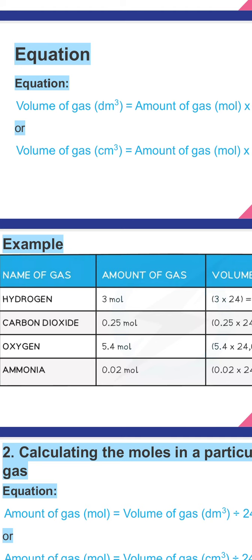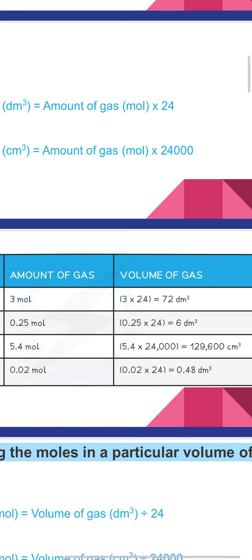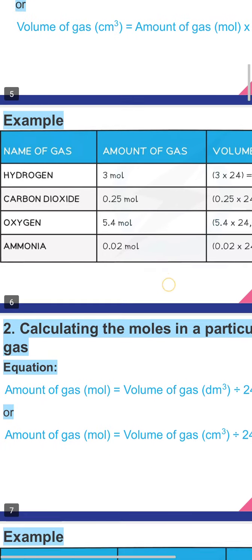Amount of gas is 3 mole, 0.25 mole, 5.4 mole and 0.02 mole, and the volumes are 3 × 24, 72 dm³, 0.25 × 24 equal to 6 dm³, 5.4 × 24,000, that will be equal to 129600 cm³, and 0.02 × 24, that is equal to 0.48 dm³.